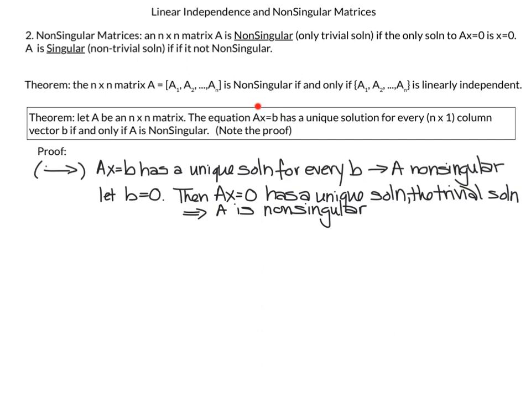We start with the equation Ax equals b has a unique solution, and we want to show that A is non-singular. Well, Ax equals b has a unique solution for every b. If we let b equal 0, then Ax equals 0 has a unique solution. And it has to be the trivial solution because the trivial solution is always a solution, which means if it's a unique solution, it has only the trivial solution, which means A is non-singular.